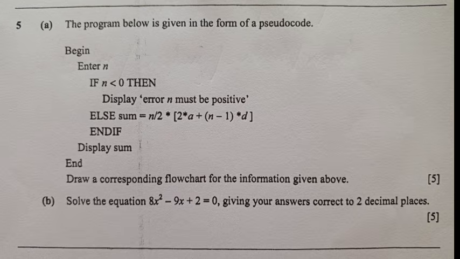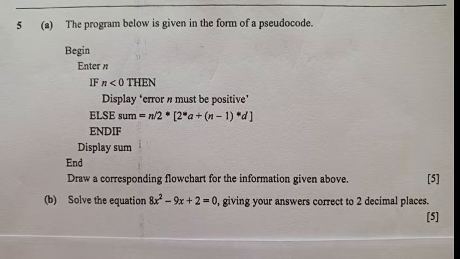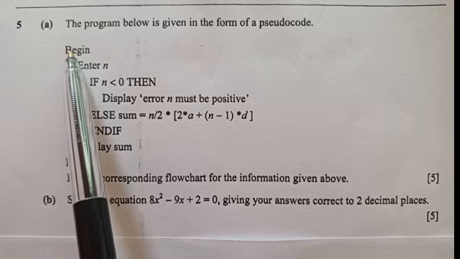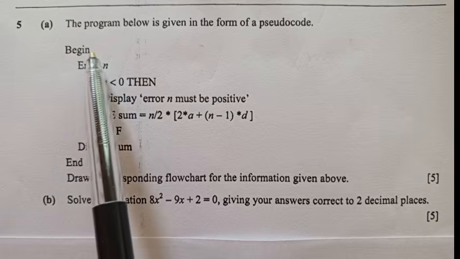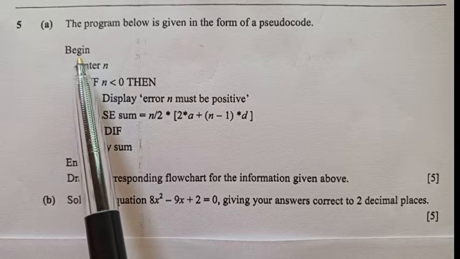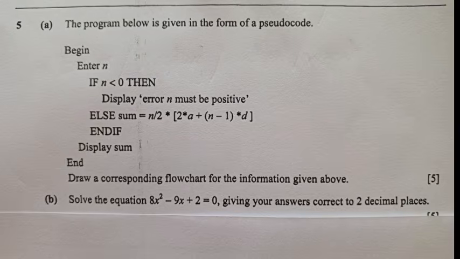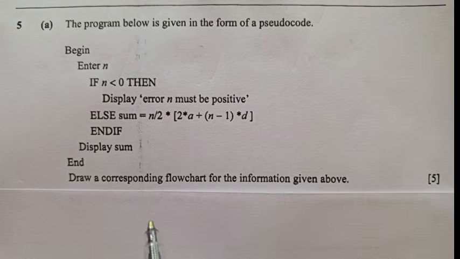Taking this pseudocode to flowchart, we need to know the shapes, like I showed you. At this point, it says begin, and for begin, you use an oval shape. So this is how the shape will look for begin.